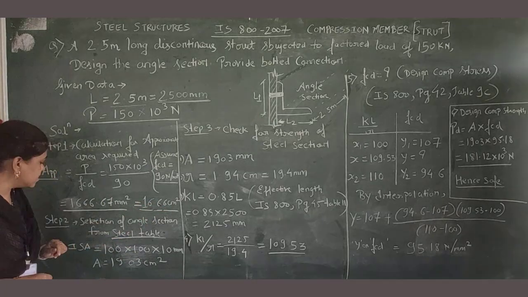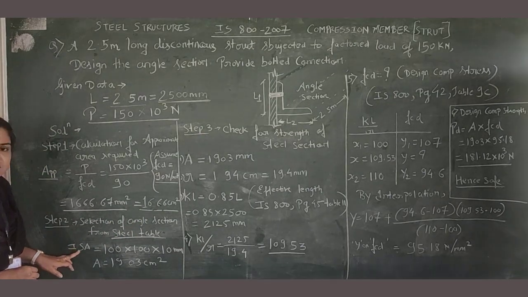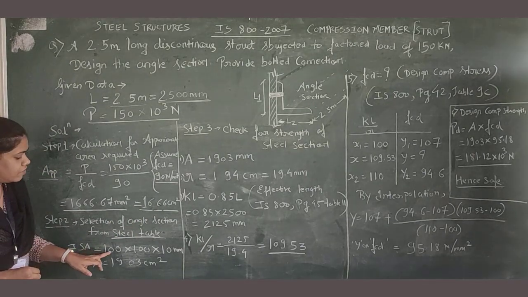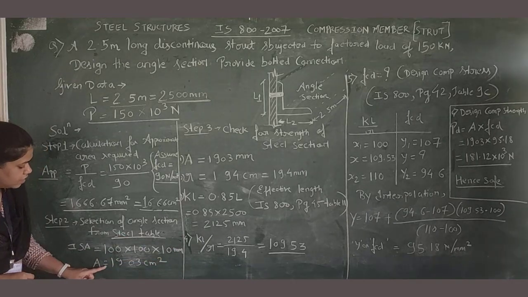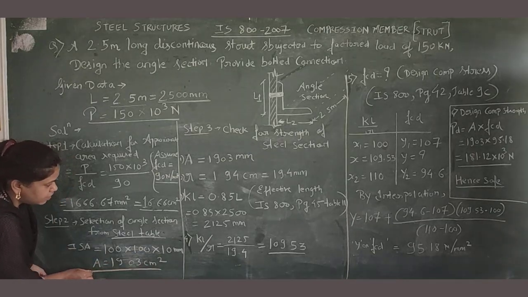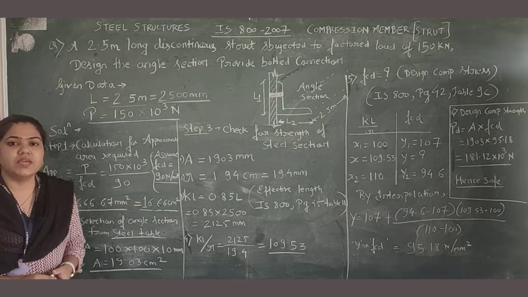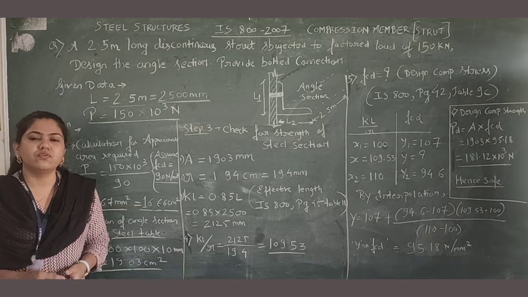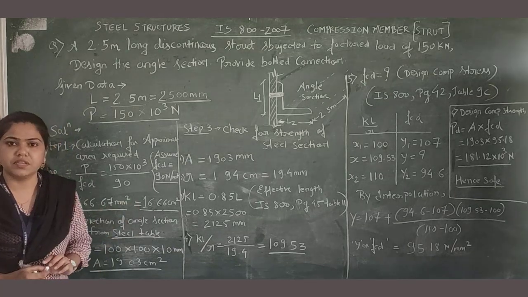Here I select the Indian Standard angle section 100 by 100 by 10 mm, having area 19.03 centimeter square, which is greater than the approximate area. For making the design safe, you have to select an angle section having area greater than the approximate area.